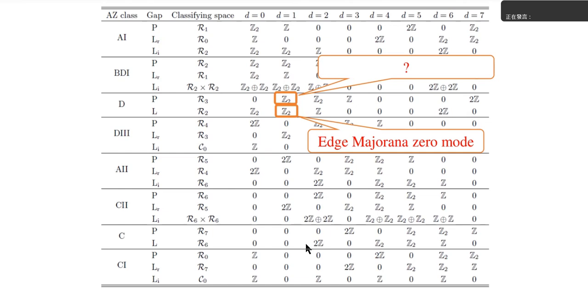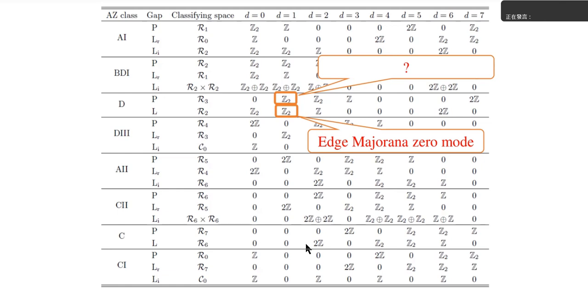Let me focus on class D in one special dimension. With line gap, as I said, it is the same as Hermitian physics, and class D has particle-hole symmetry, so we have Z2 and 0. But for point gap, we have Z2 again.